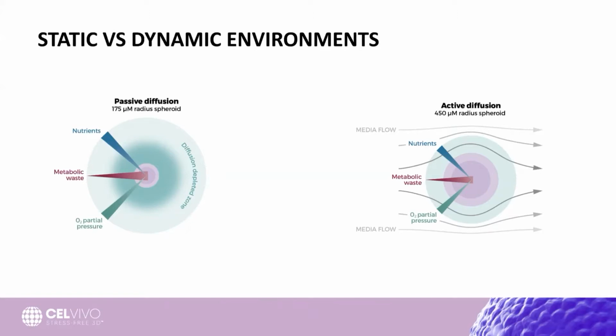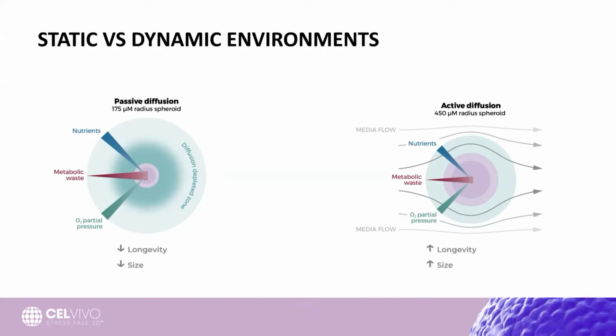So the immediate result will be that you decrease longevity and size of your constructs. In an active diffusion situation, the media will move gently around your constructs, the nutrients will be better distributed, the metabolic waste will be removed from your cells, and they will also have good gas access. So you have a possibility to grow larger constructs.